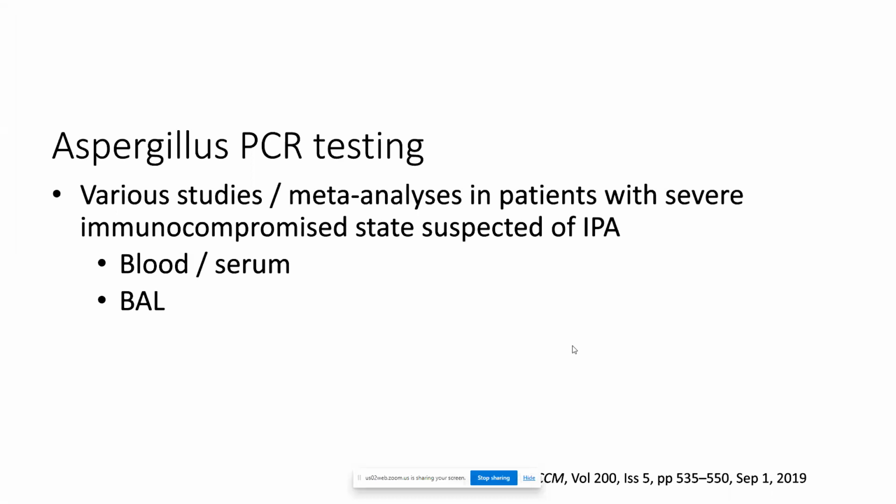And in the right context, if something comes back positive, treat it like invasive pulmonary aspergillosis. So this has taken an increased role. Don't measure in everybody, because you'll have a bunch of false positives, you'll pick up dead fungi that are not relevant, but in the right clinical context, believe it, you don't need to do any more.